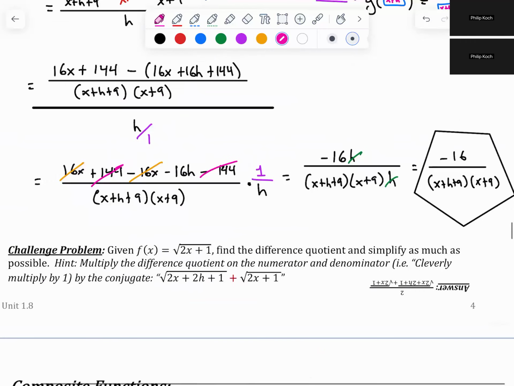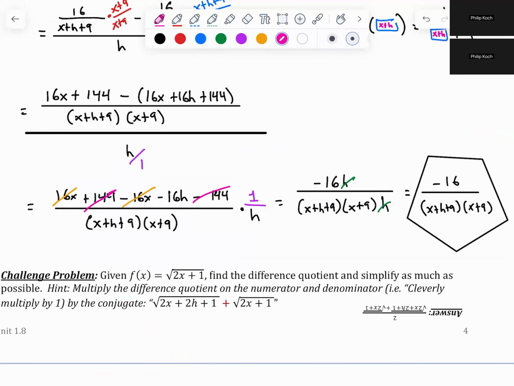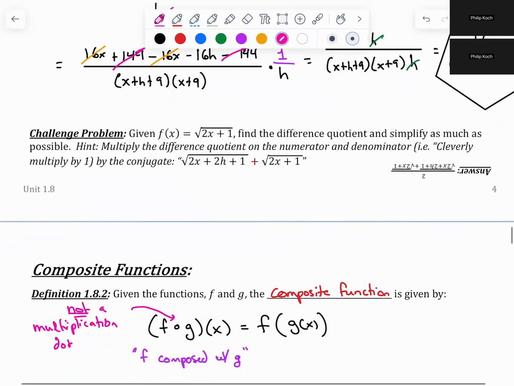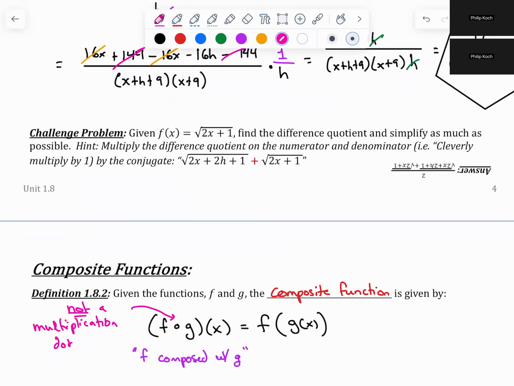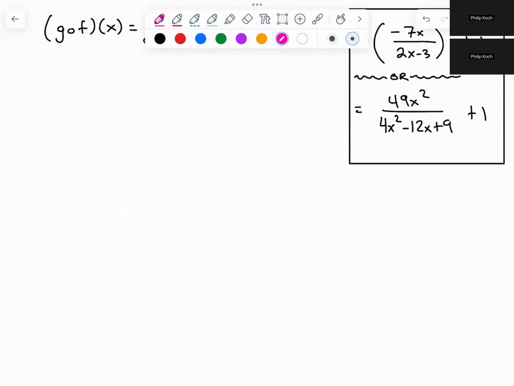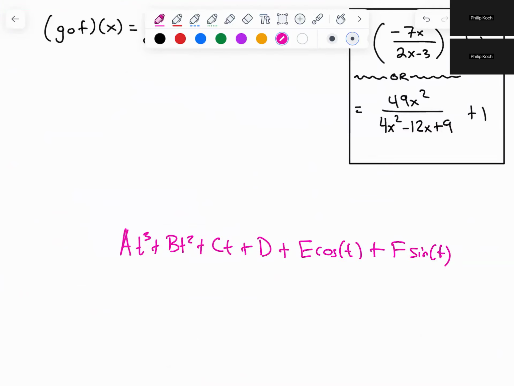I get you. There's an area of mathematics called differential equations, and there's a thing called the method of undetermined coefficients, where basically you get a function and you have to find the coefficients, and it becomes like a t cubed plus b t squared plus c t plus d plus e cosine t plus f sine of t. I remember doing one of these things, and it's a lot of letters to keep in mind, and it starts to become very daunting.